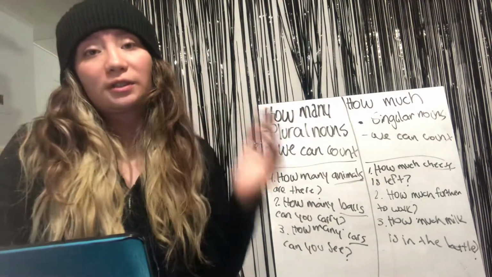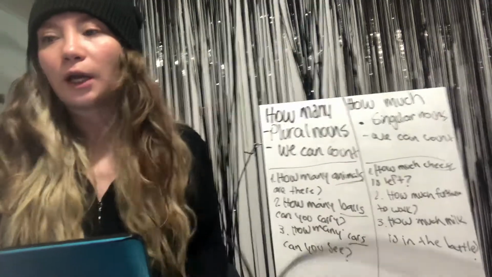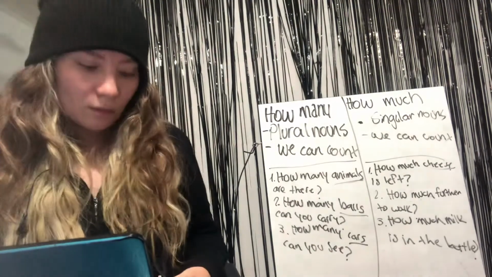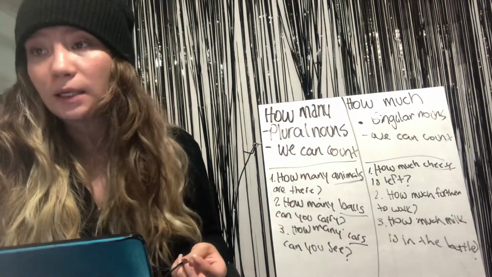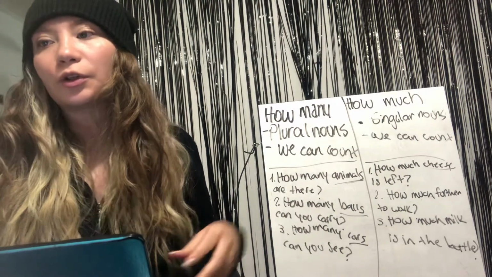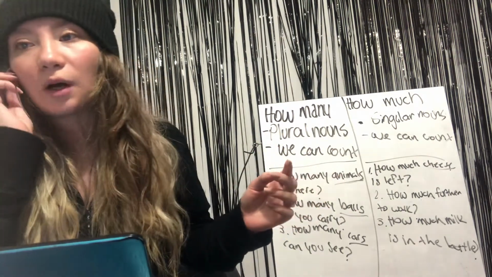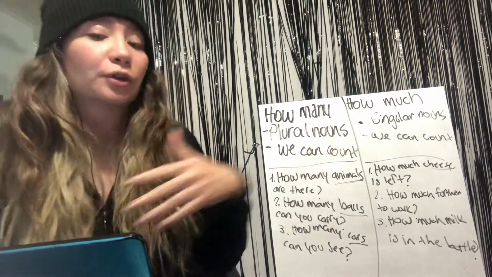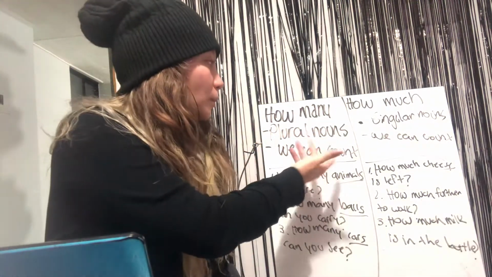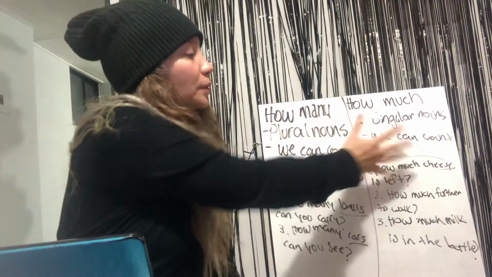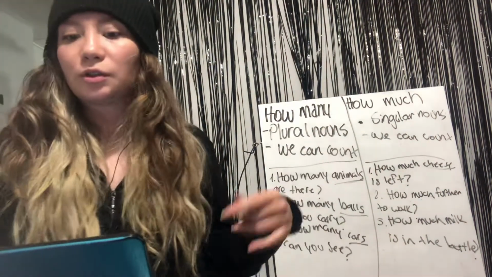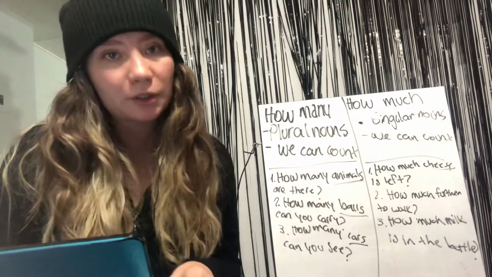You're going to draw a table and divide it into how much and how many, and place the vocabulary under the corresponding title, how many or how much. So I'm going to show you the pictures.